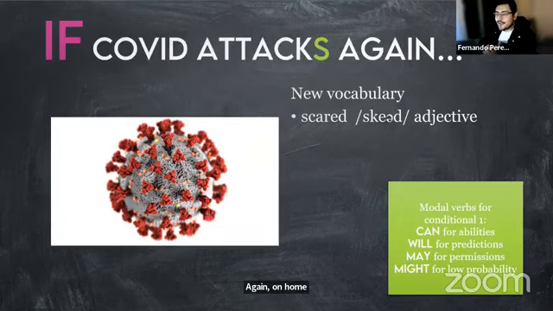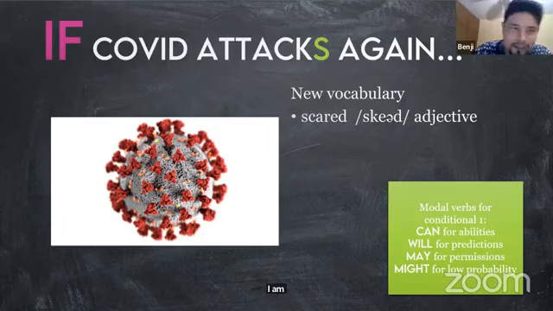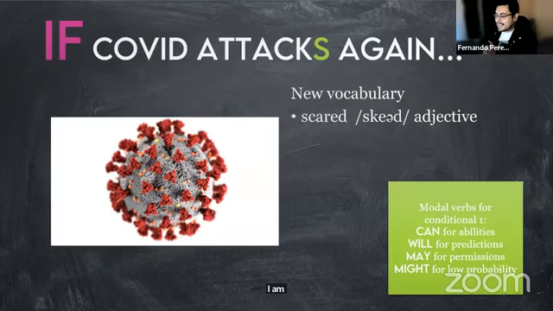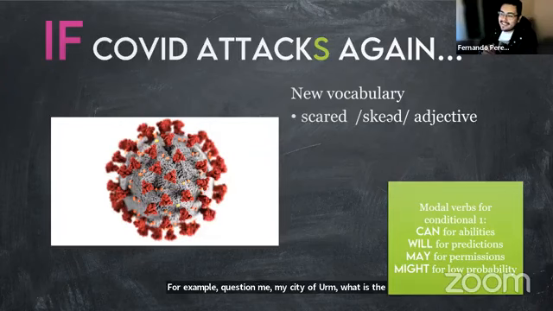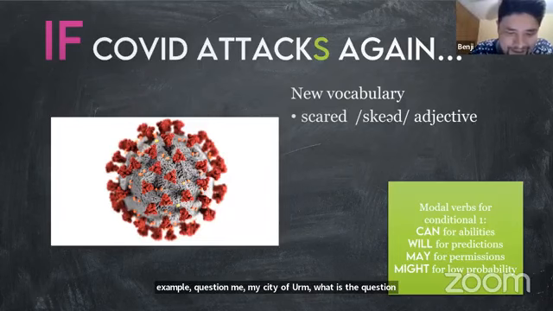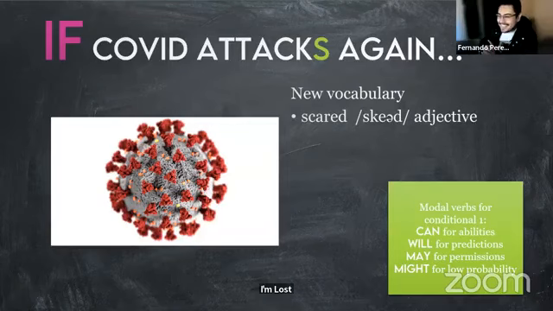What is your origin, your city? For example, question me my city of origin. What is the question? I'm lost. Yes, sorry, confusing you. Okay, origin. When you speak about origin, you use from. And use it from home.